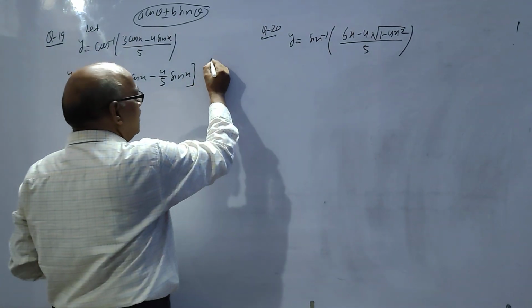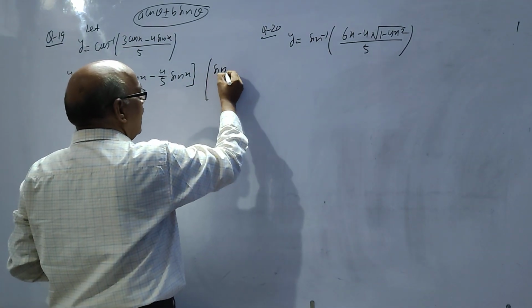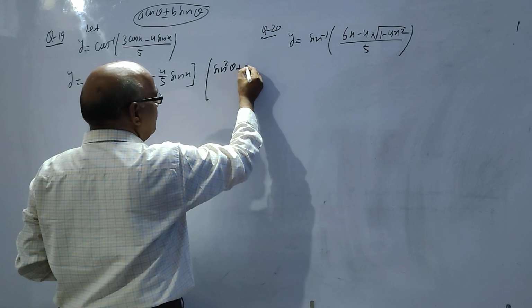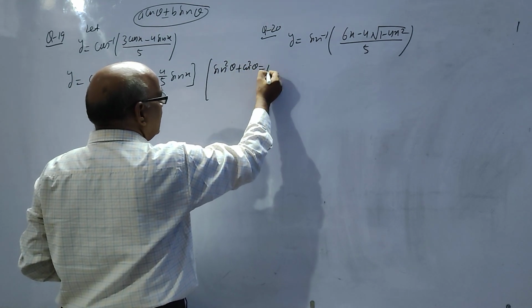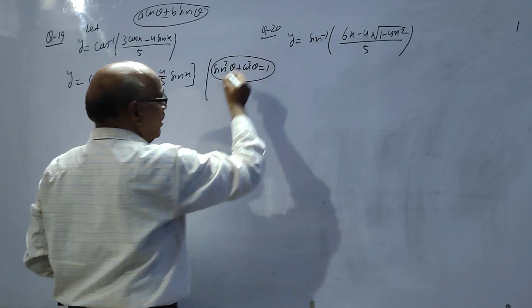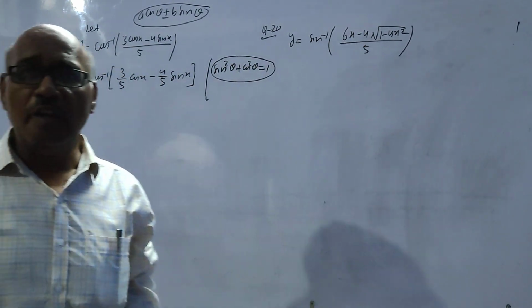You know one result: sin square theta plus cos square theta is always 1. I think this result is known to everyone.